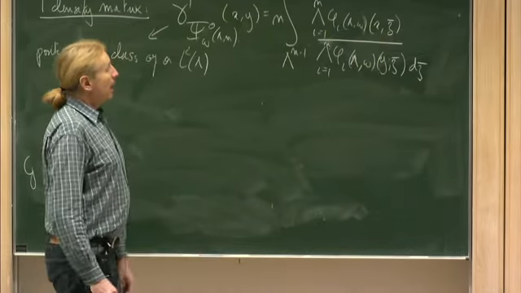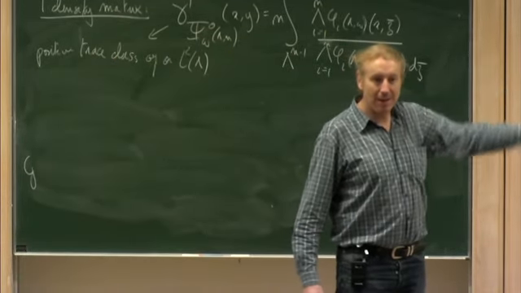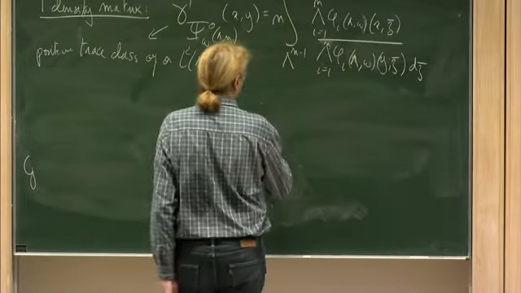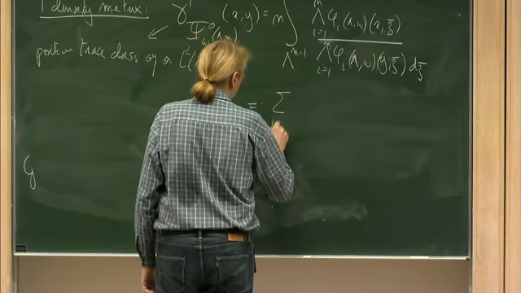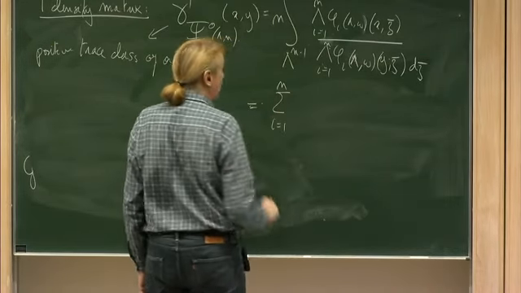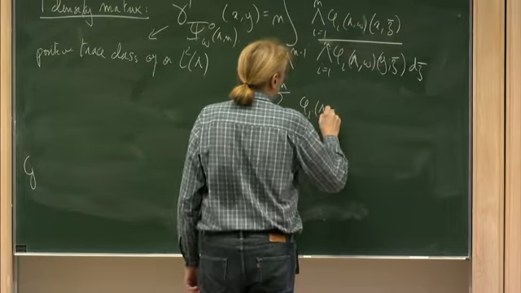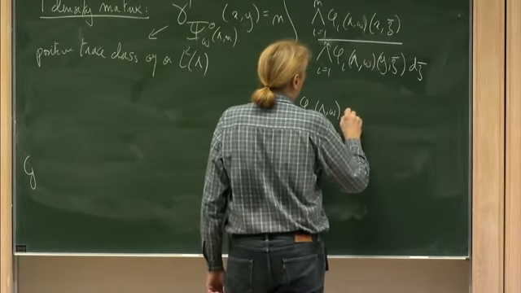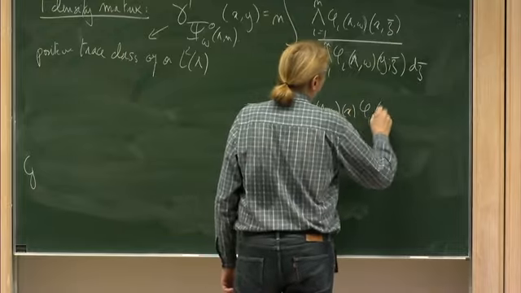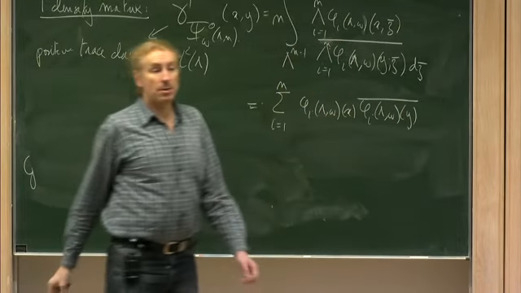Well, this can be computed. You just write out the Slater determinant, and what you see is that this is nothing but the sum for i going from 1 to n of φ_i^Λ(ω) at x times the conjugate of φ_i^Λ(ω) at y. So what is this kernel?